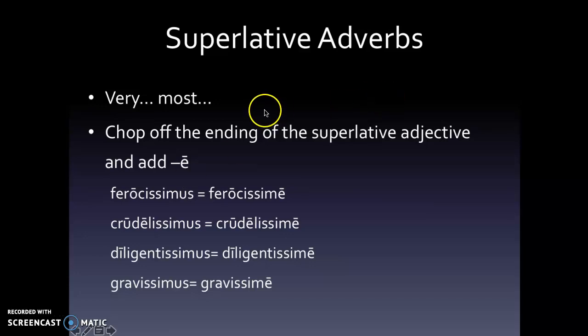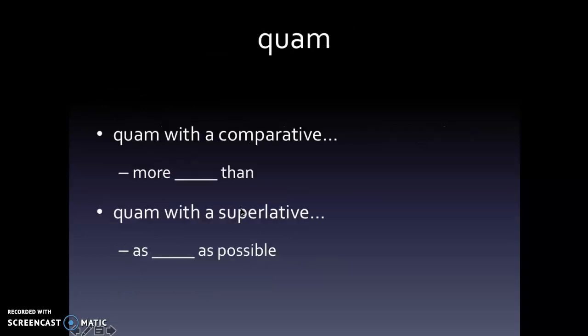And then we also have superlative adverbs. Just like with adjectives, you're going to translate them as very or most. So you chop off the ending of a superlative adjective and just add an accented E. So ferocissimus, that's the superlative adjective. Ferocissime is the superlative adverb. So this is very fierce. This is very fiercely.